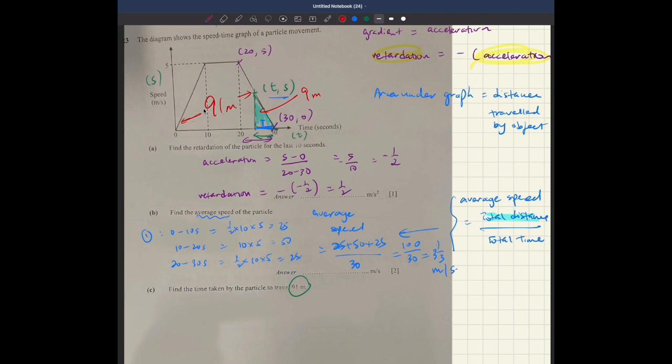So then another thing is to see that the question itself, there are two unknowns. That point here has two unknowns, one S and one T. So in situations like this, we will need two equations because there are two unknowns. So one equation will come from the gradient of the line, which is negative half. Then the second equation will come from the distance traveled.